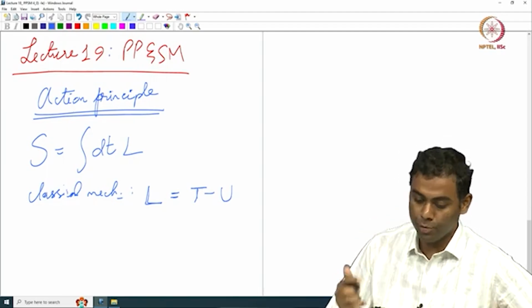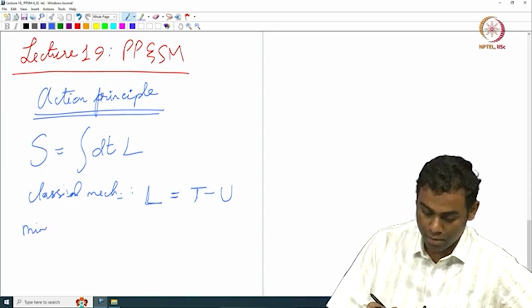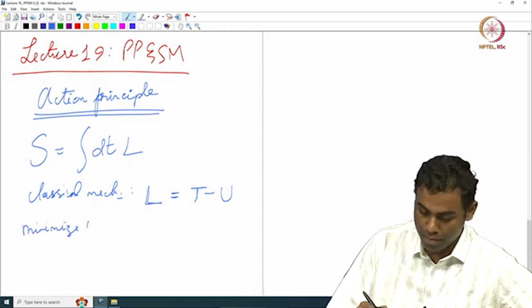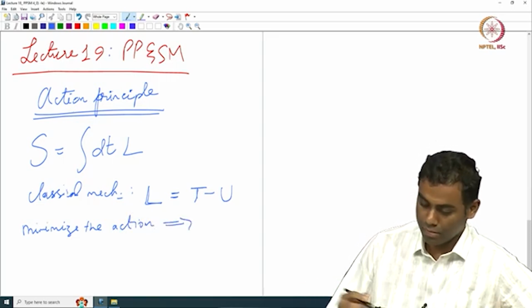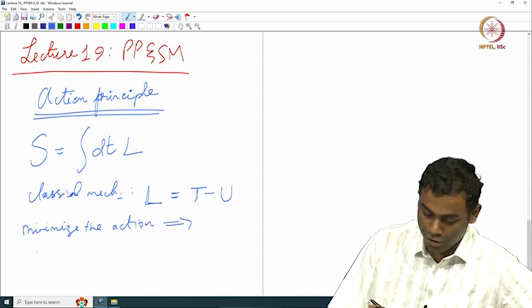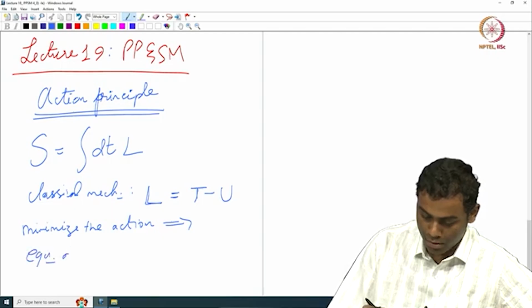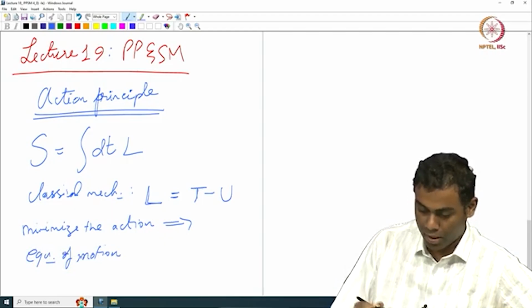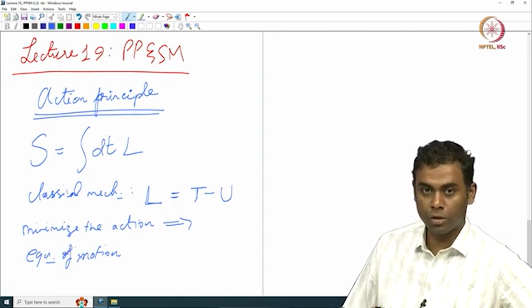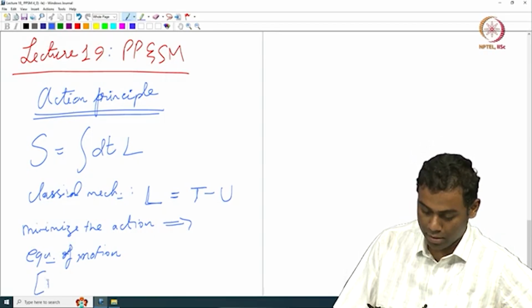And what happens when you minimize the action? You get an equation of motion, correct, and in the Newtonian dynamics case it turned out to be what? F equal to ma, right?